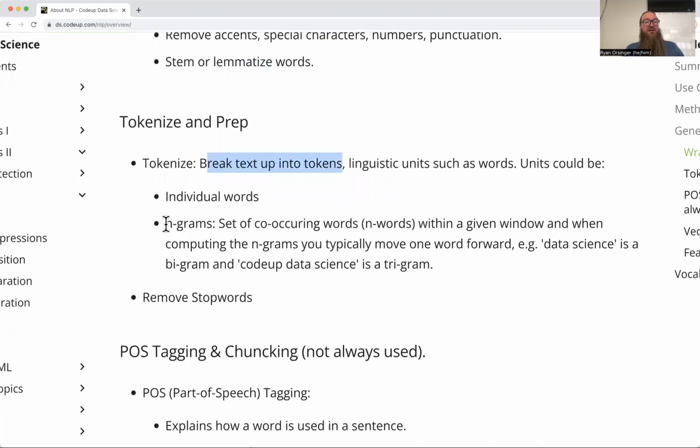And we might even be very interested in n-grams, such as 2 words together, or 3 words together, or 4 words together. That's what the n means. So data science is a bigram, right? Data science is a trigram. And so you can filter through your corpus and look for, basically, give me all the bigrams. And if you've removed all of the filler words, some of your bigrams might be really interesting.